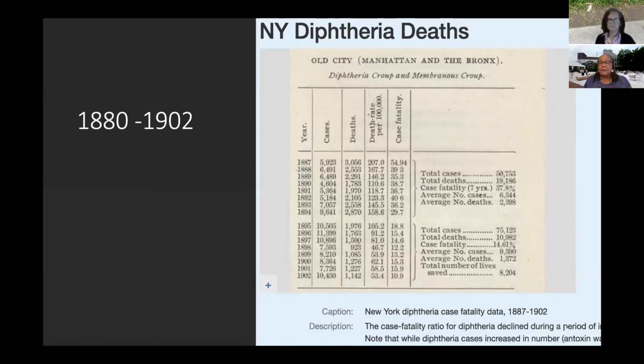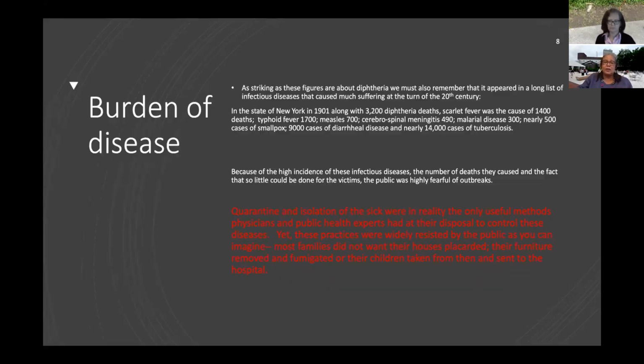And then 1895, it's a spike, 10,000. 1896, 11,000. 10,000 again in 1897. And then the numbers of cases start falling. And then in 1902, you have another 10,000, right? But the numbers of deaths continue to fall. And that's because of the intervention of antitoxin and beginning to use immunization.